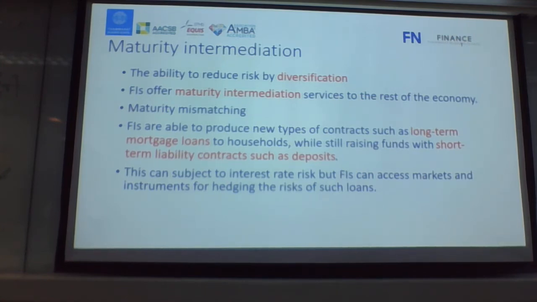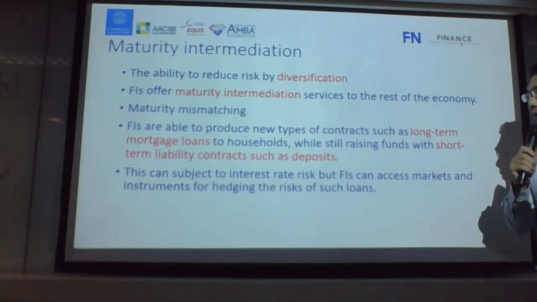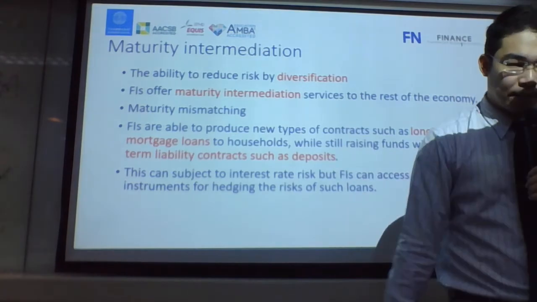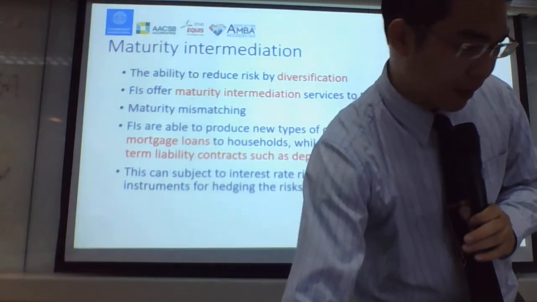So when you would like to engage in a long-term transaction and you would like to borrow from the bank, you can go to the bank and borrow the money. Bank can fulfill this transaction even if it's long-term or medium-term. So we call it the maturity intermediation. Bank obtains this feature through diversification. It is straightforward, I think.